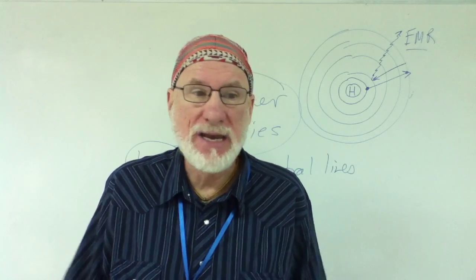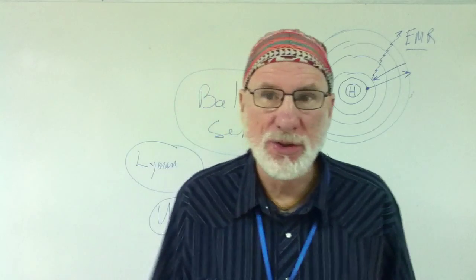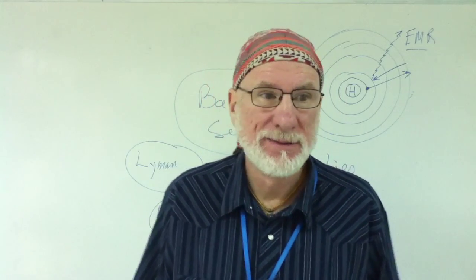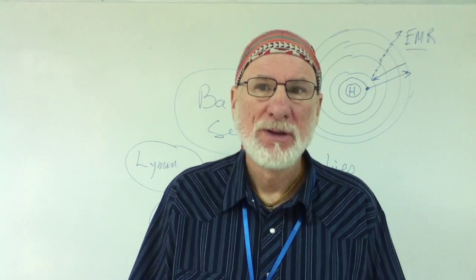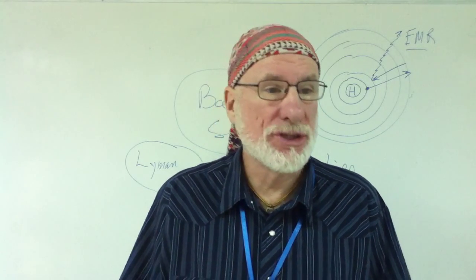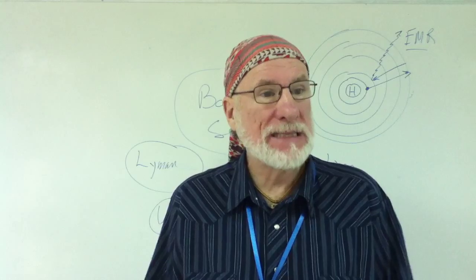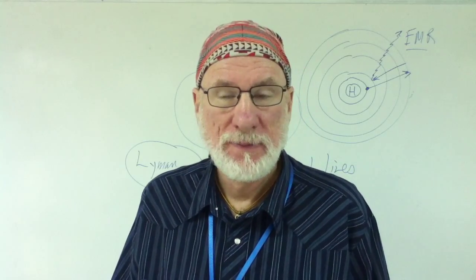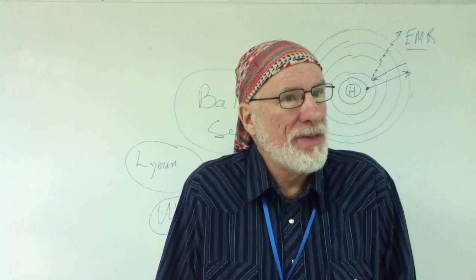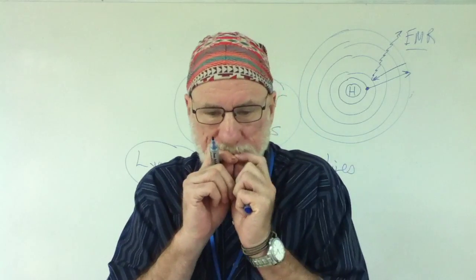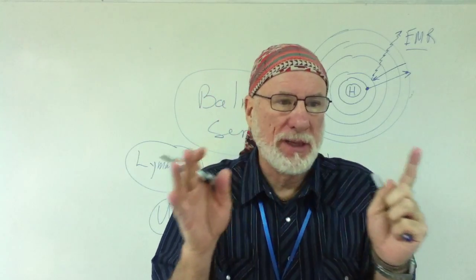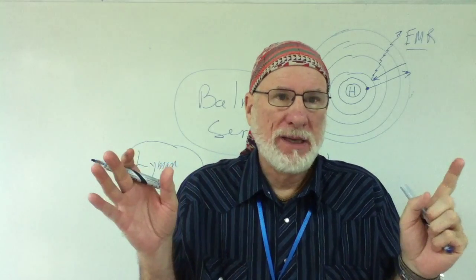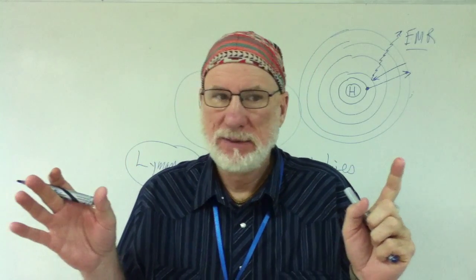We need another model. Who's the dude who came up with the other model? Heisenberg? Was it Heisenberg? Schrödinger? Who was it? Schrödinger came up with a model that makes a little bit more sense. And how that model works is extremely complex.